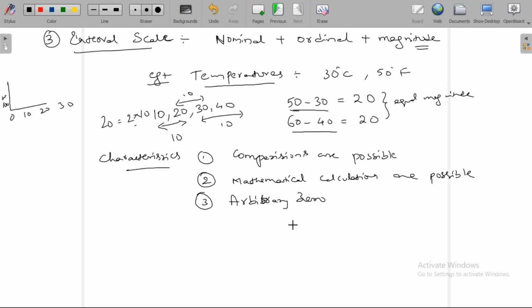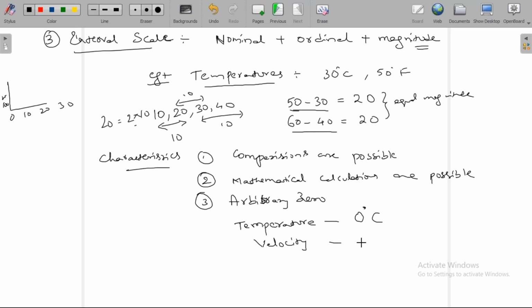For example, in a class there are 0 students. 0 students does not come under interval scale, because there is no student available. This kind of zero is called absolute zero, while the other kind is called arbitrary zero.